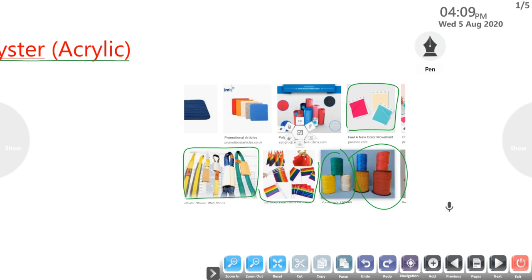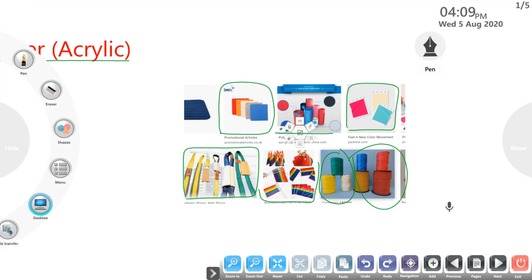Here flags are also prepared from polyester, and some napkins and foot mats are also prepared from polyester. And here some cloths, that means fabric, are also prepared from polyester.